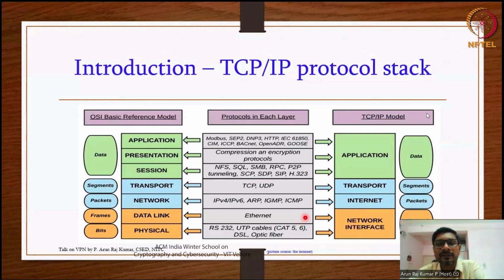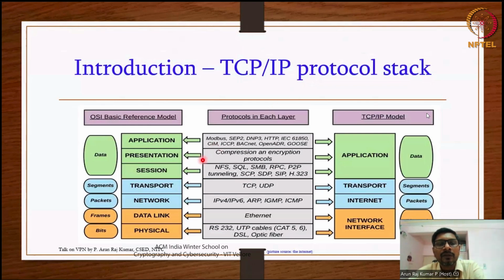Like this, you could see there are some protocols in each layer: Ethernet, RS-232, UTP cables, IPv4, TCP, NFS, SQL, compression, encryption protocols, and all the application layer protocols. So these are all the protocols in the TCP/IP protocol stack.